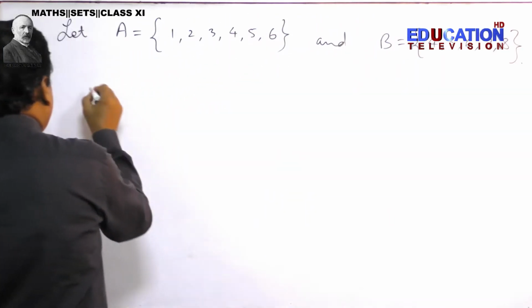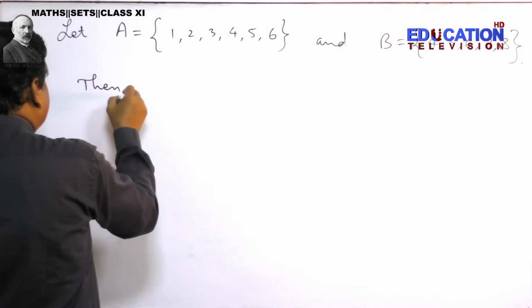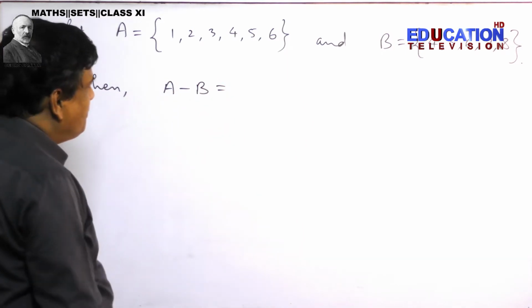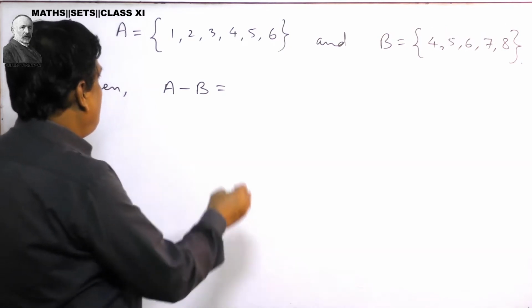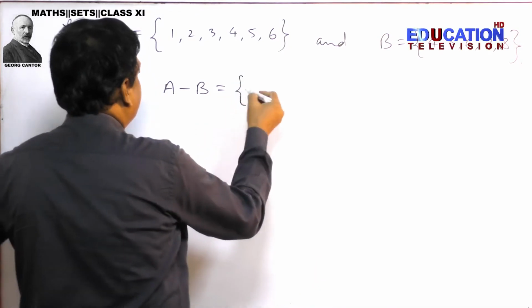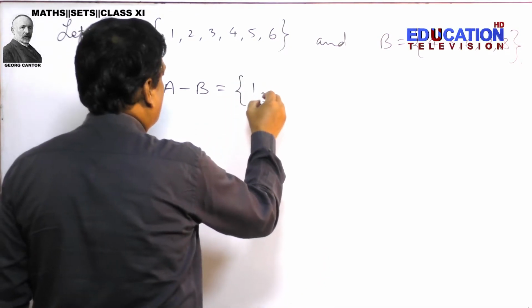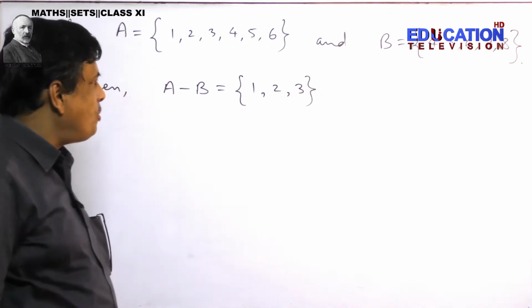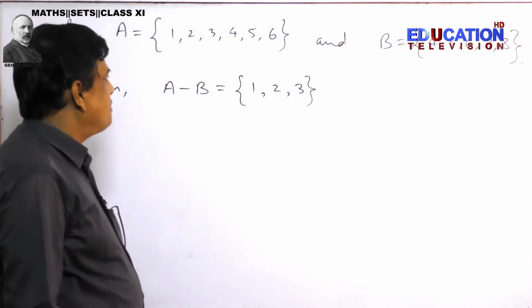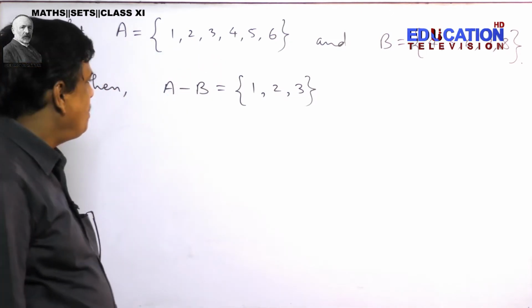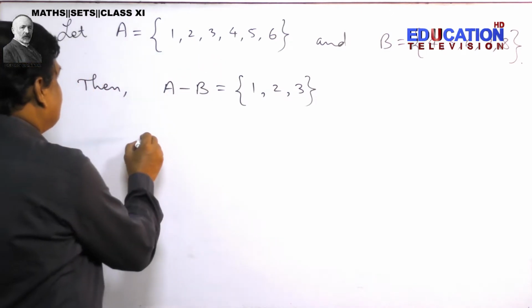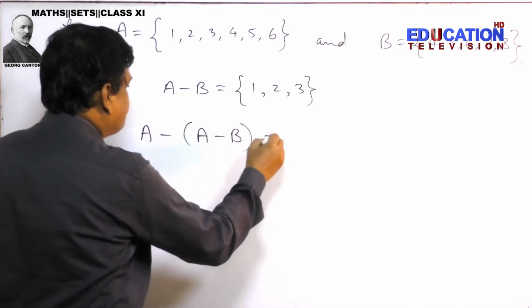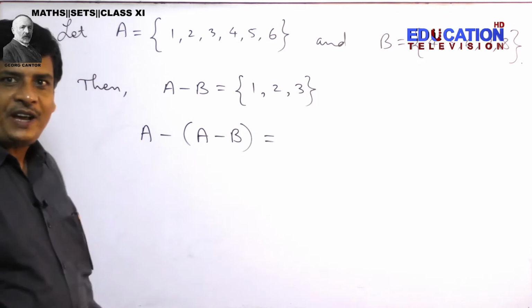Then what becomes A minus B? A minus B contains the elements excluding the elements of B from A. So A minus B contains 1, 2, 3.